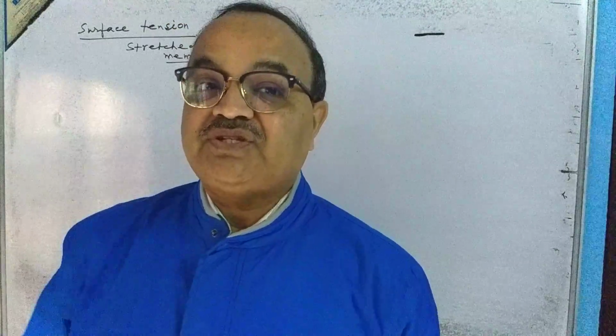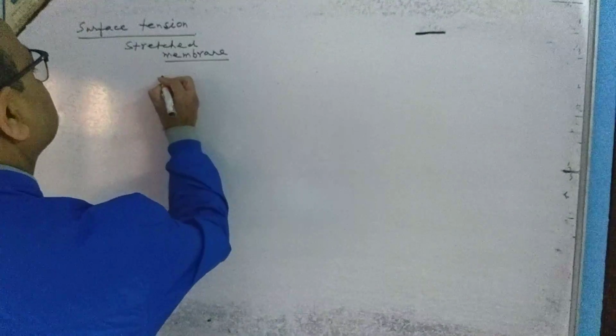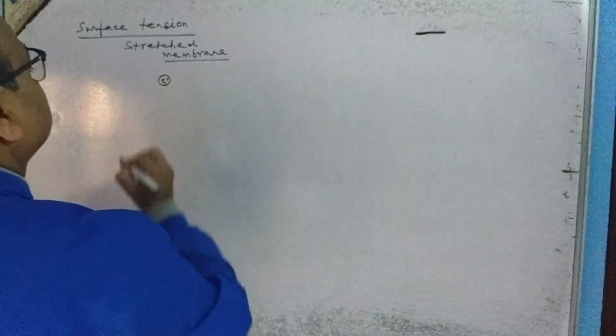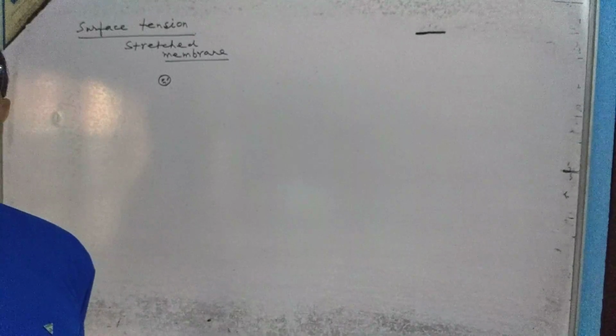Mind this, due to this property of surface tension, listen to me carefully. Due to this property of surface tension only, the raindrops are spherical in shape. I just tell you, raindrops are spherical in shape.